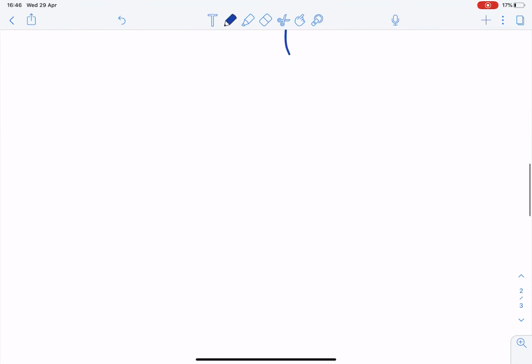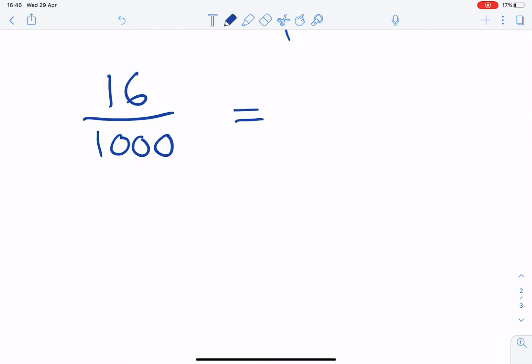Let's look at another of those. If I have got 16 thousandths and I want to write it as a decimal fraction, I know that it has to end in the thousandths column.